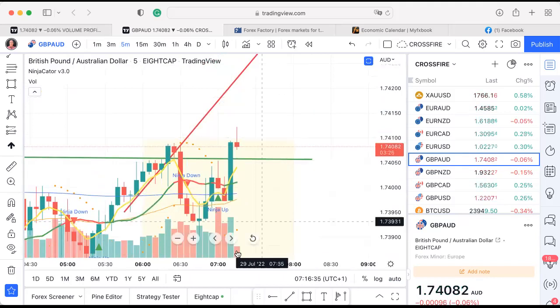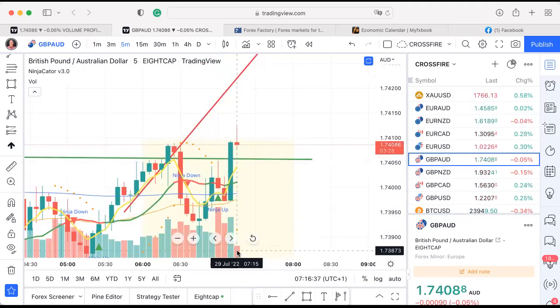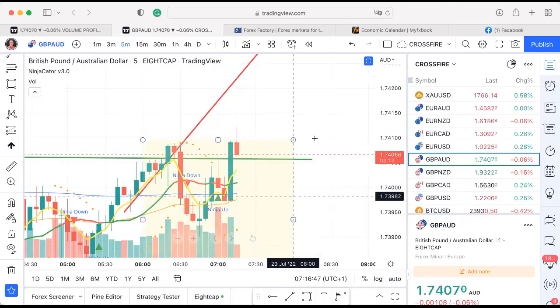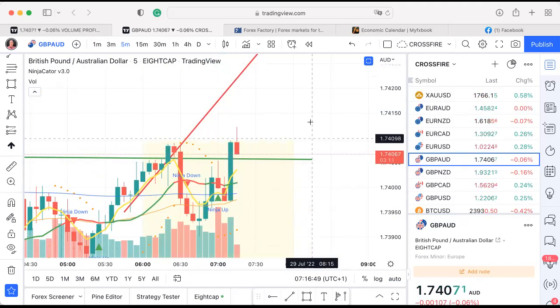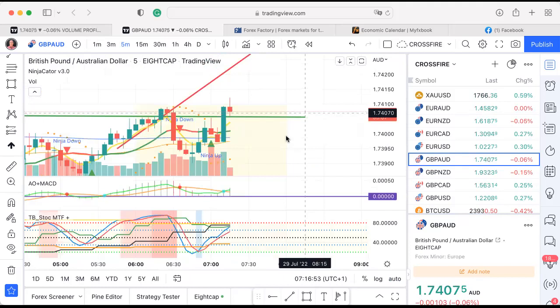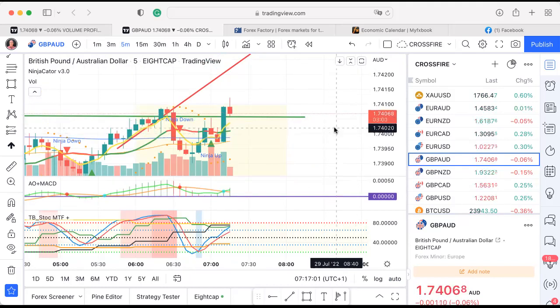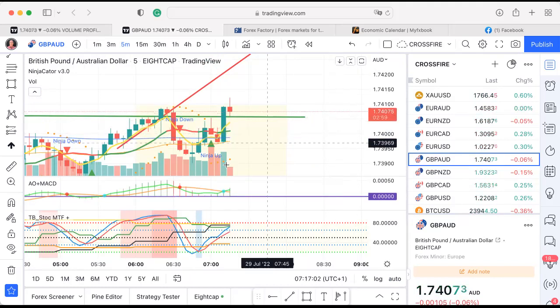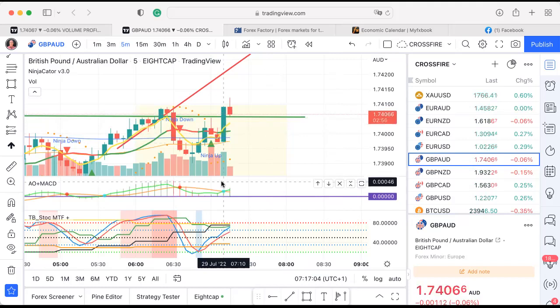So sellers have taken over on this candle. We're not quite 2 minutes into that candle, so it's got room. Now, everything is pointing towards going up, but it's struggling a bit. The AOMACD, we've got a green dot.